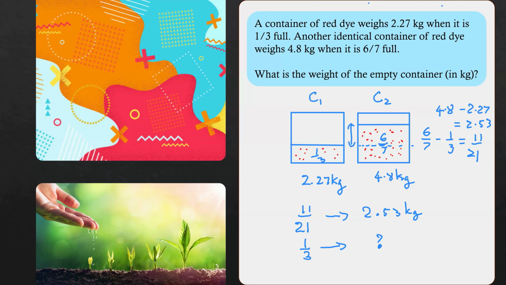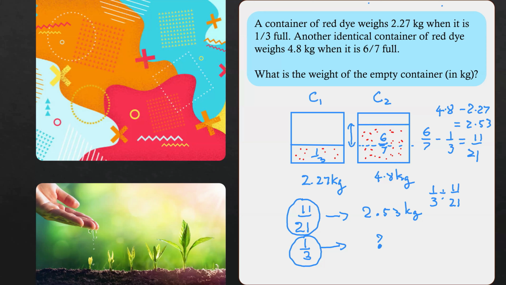Okay, so the operation is going to be, I'll take 1/3 here, and I divide that by 11 out of 21 to see how many times. And then I can time with the weight on the right hand side, and then I'll get the answer. So the calculation is 1/3 divided by 11 out of 21 to see how many times.